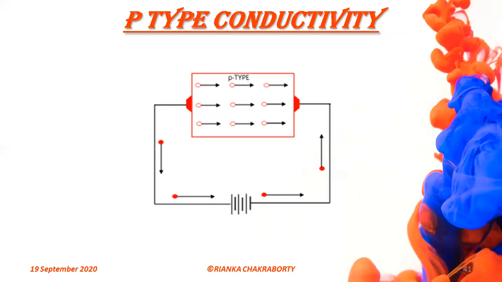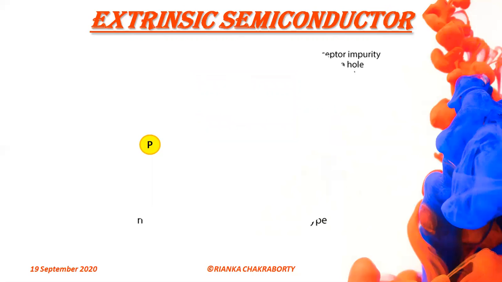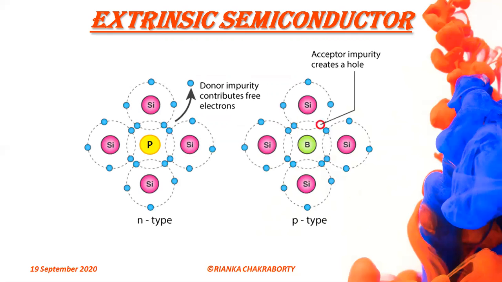As the holes are positively charged, they are directed towards the negative terminal, constituting the hole current. So, this is the overview of the extrinsic semiconductor. Here we can see the donor impurity contributes free electrons and acceptor impurities create holes.